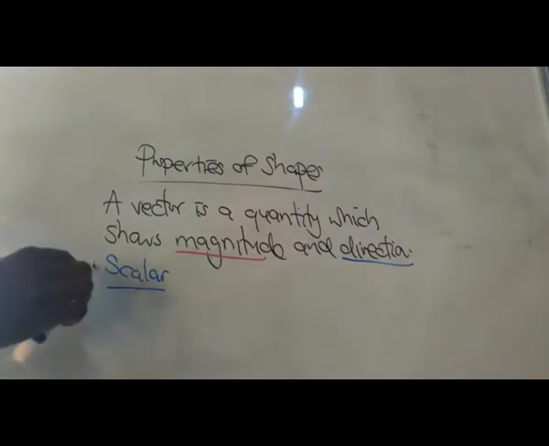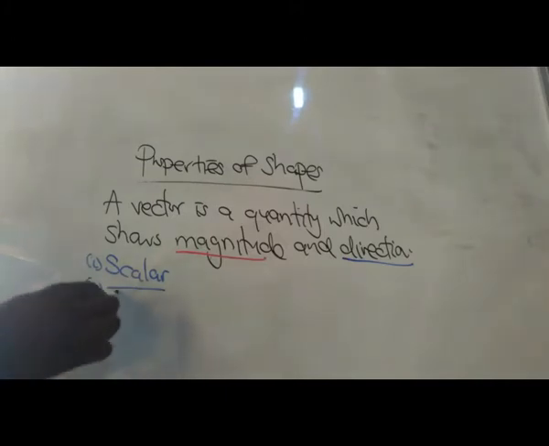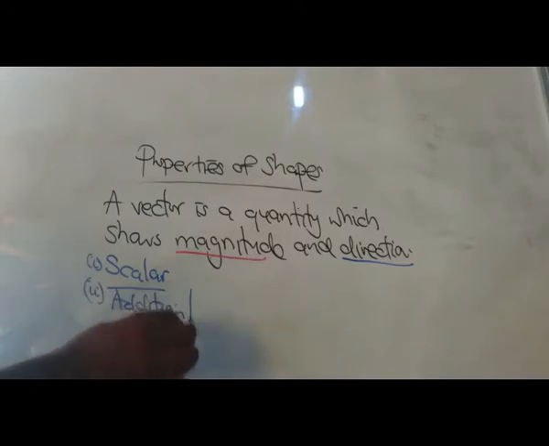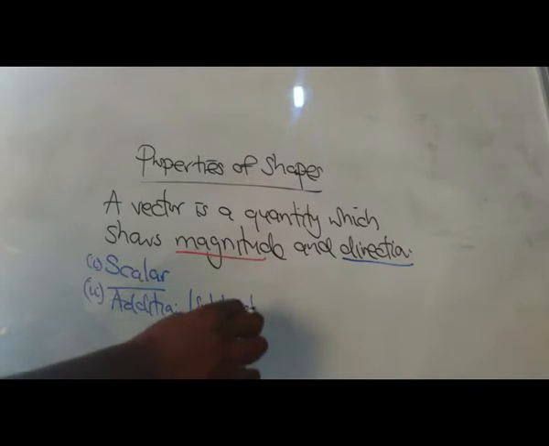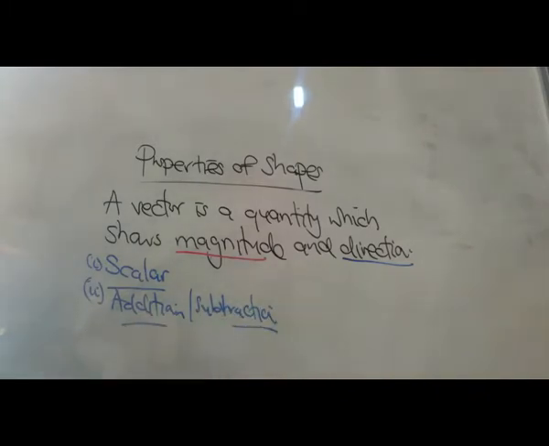And if you remember from the first video, we also looked into addition and subtraction of vectors. Still remember this. Now, we want to talk about shapes that are outside the Cartesian plane. So let's look at these shapes.